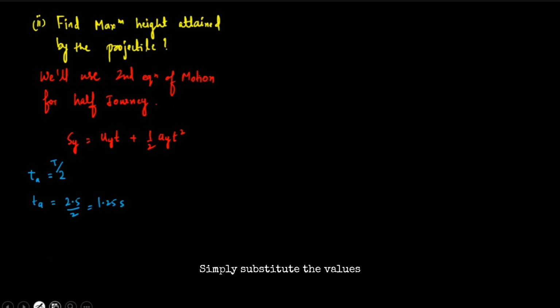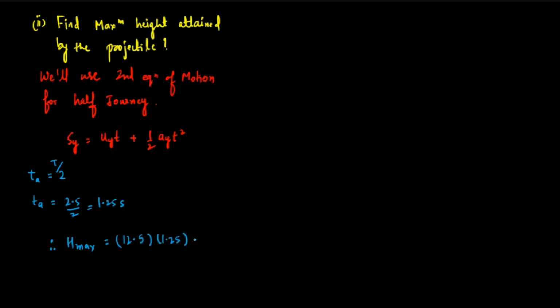We'll simply substitute the values and we'll get the height. So in place of Sy, I can write h max, the maximum displacement in the y-axis. Uy is 12.5. Time is 1.25. Plus half of Ay, which is always negative 10, times 1.25 square. So just solve the equation and tell me the value of h max here.